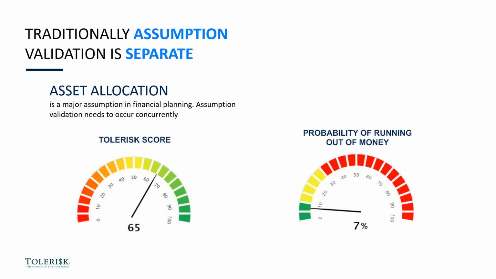And the challenge is that if the probability of success, or we use probability of running out of money because we layer on mortality probabilities, which we're going to touch on in a few minutes, is too low, or probability of running out of money too high, then the changing assumptions needed to rectify that can have an impact on someone's ability to take risk and thus their decision about an asset allocation.